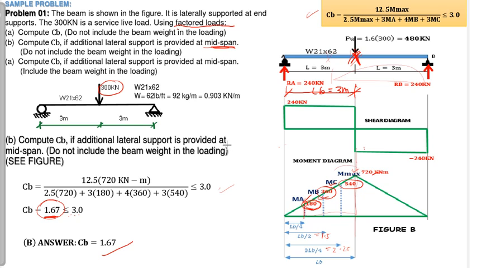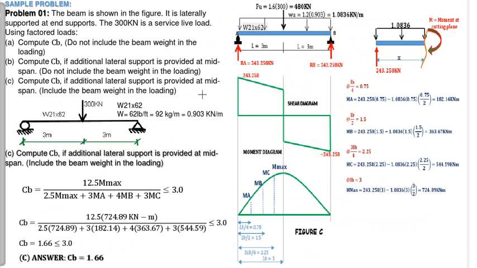Okay? So, for example, for part C, this is C, hindi A. So, for part C, the same example, the same problem. This time, compute pa rin natin yung CB.